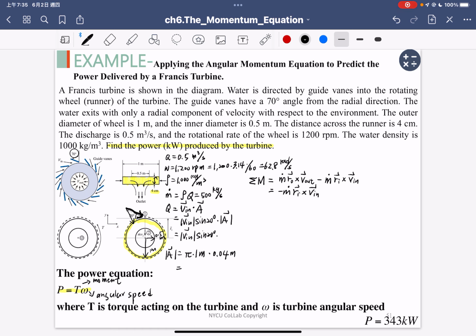That is the width of the runner. Using my calculator to check the answer, multiply by 0.04, the area is 0.1256 meter square.